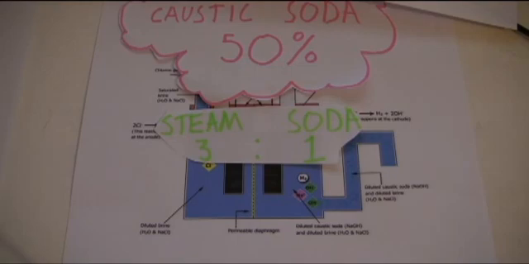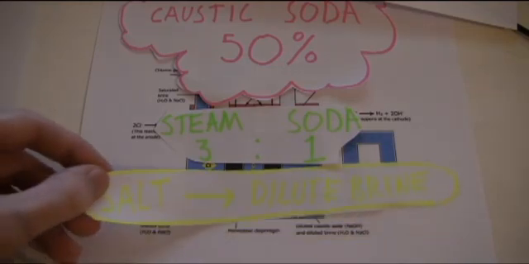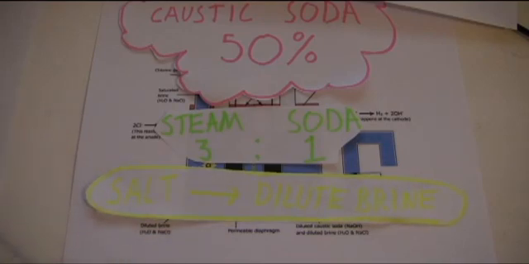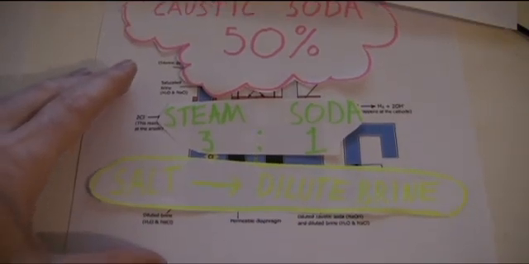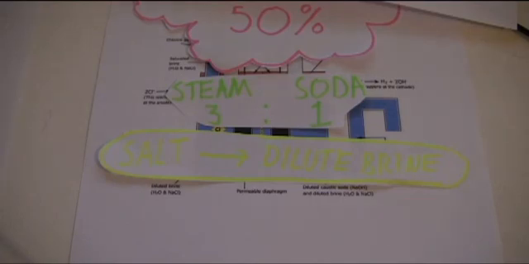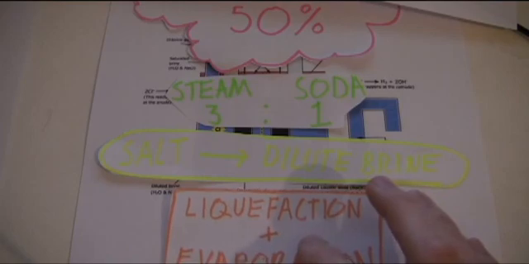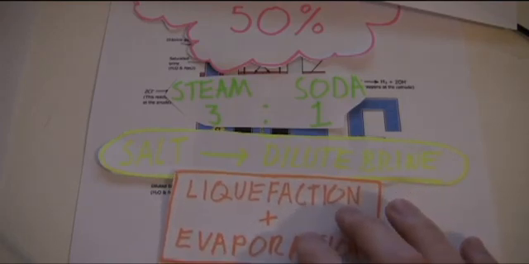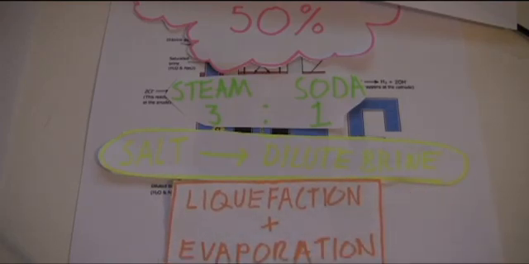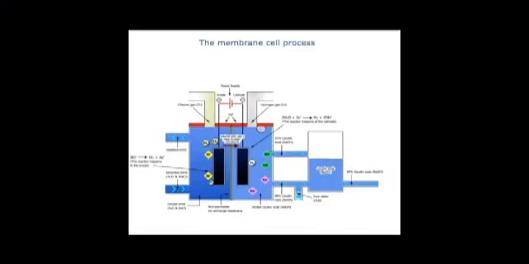Then what we get is this salt that can be used to saturate the dilute brine, which is very useful. And then what we'd have to do with the chlorine gas is purify it using a method of liquefaction and evaporation. And once we've done all these factors, that's the whole process, going through one cycle. And that's the diaphragm cell method.